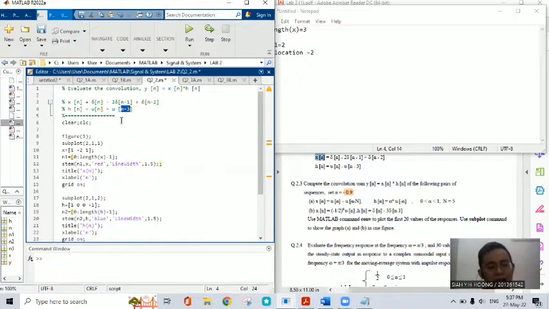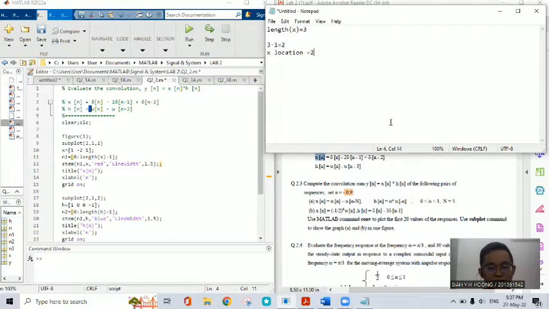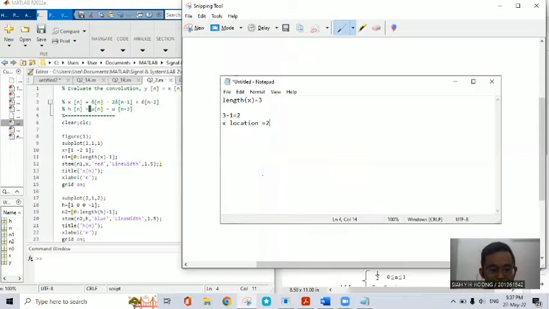When my n is equal to 3, I will have a magnitude of negative 1. When my n is equal to 0, I will have a magnitude of 1 right here. So again, the graph will look like this.